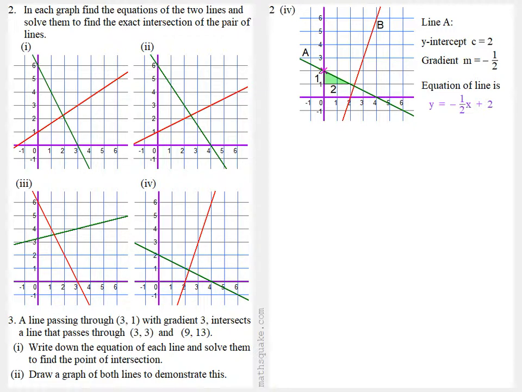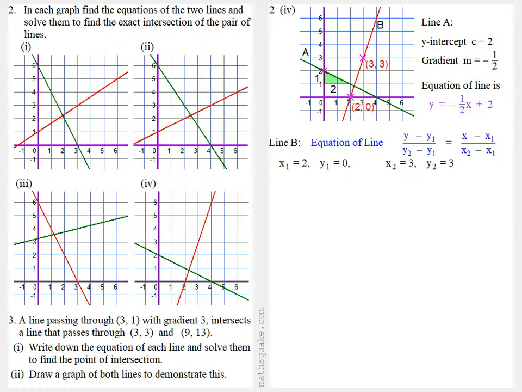For line B, we can't see where it crosses the y-axis, so we have to find 2 points that it passes through. These are 2, 0 and 3, 3. So if we use the formula y minus y1 over y2 minus y1 equals x minus x1 over x2 minus x1, we have x1 is 2, y1 is 0, and x2 is 3, y2 is 3.